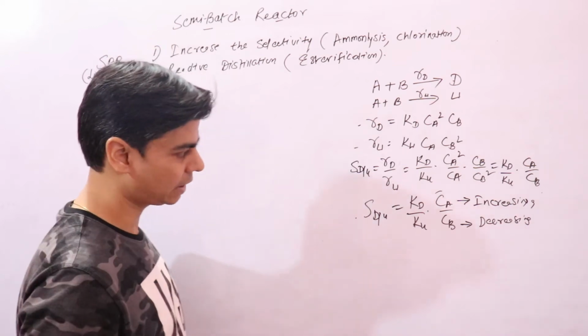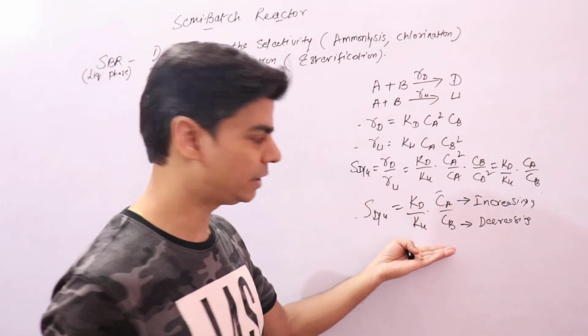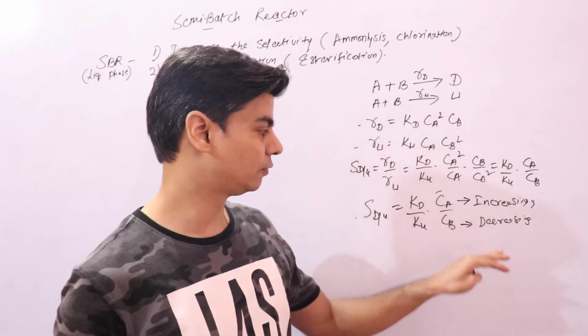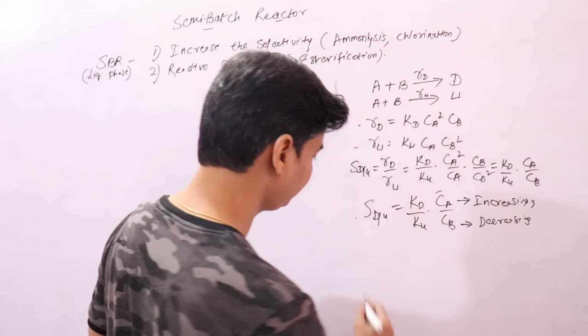How will a semi-batch reactor help us achieve this selectivity? How can we increase the concentration of A or decrease the concentration of B using a semi-batch reactor?